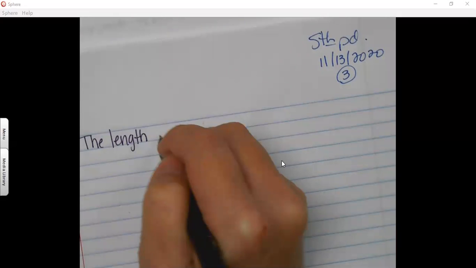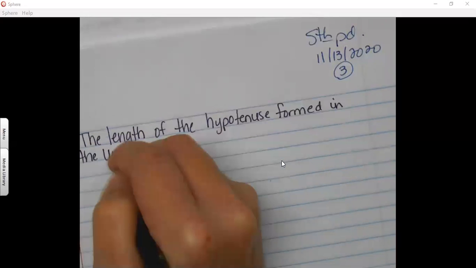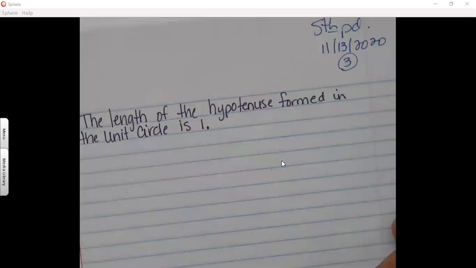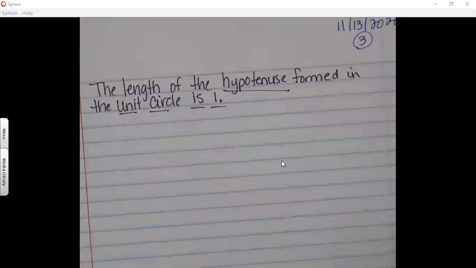Because think about it, that triangle that I just drew, the hypotenuse was the same length as the radius, right? So only in the unit circle is the hypotenuse always going to be 1. If you're not talking about a unit circle, the hypotenuse is not always 1 for just any old triangle. But if you're talking about the unit circle, the radius in the unit circle is always 1. So the hypotenuse of any triangle drawn in the unit circle is 1. Okay? Super important point.